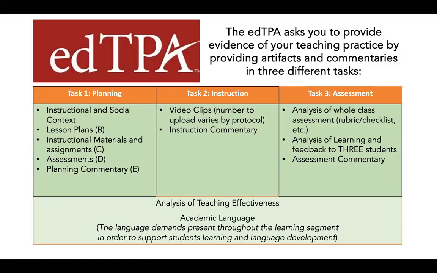As a reminder, the EdTPA asks you to provide evidence of your teaching practice by providing artifacts and commentaries in three different tasks. Task one, planning. Task two, instruction. And task three, assessment. In the planning task, this is where you will upload and write about the instructional and social context of your school building and classroom.